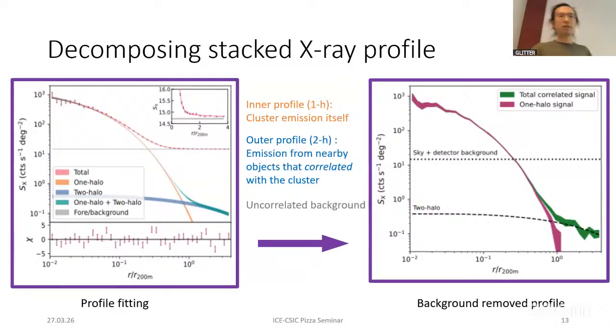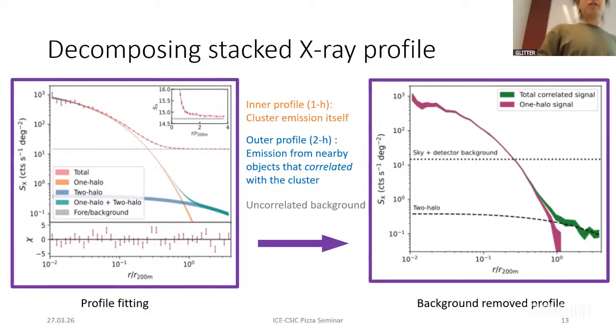The first one is the typical one halo component, meaning the gas halo associated with the clusters. And the two halo term, we added that. It is contributed by nearby things, could be cosmic filaments, could be nearby halos. And the third is uncorrelated background, because we stack multiple objects from the sky. Those uncorrelated components are really flat.